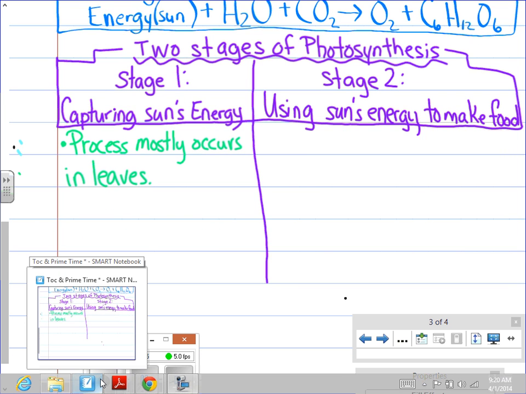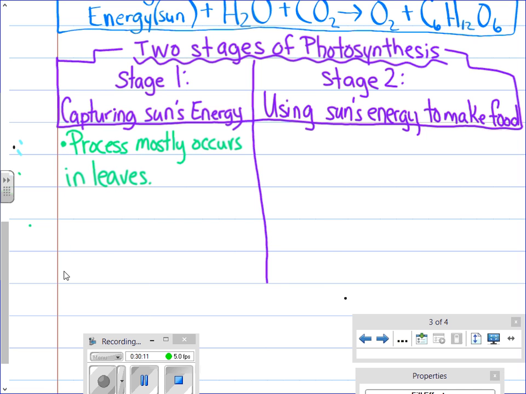From your previous notes, in our discussion of the parts of cells, what part of the cell is responsible for this photosynthetic process? Remember, plant cells are the only cells that do photosynthesis because they make their food.